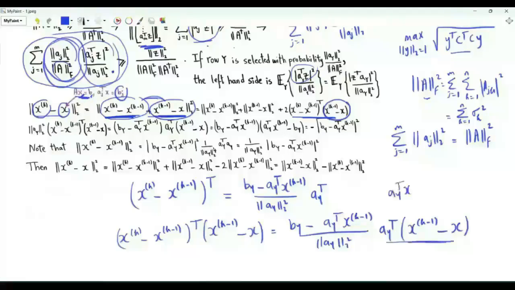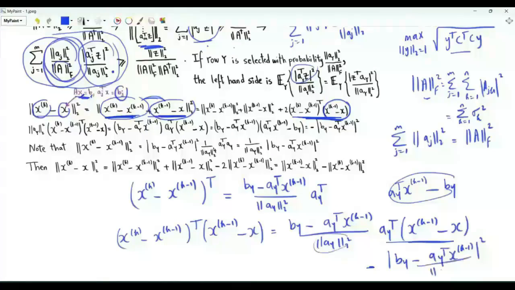This inner product is ay transpose x of k minus 1 minus ay transpose x. This is by. This is the negative of that. So this inner product is minus the square of by minus ay transpose x of k minus 1 divided by the L2 norm squared of vector ay.